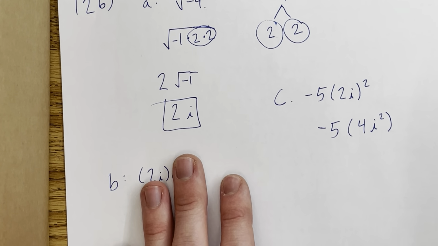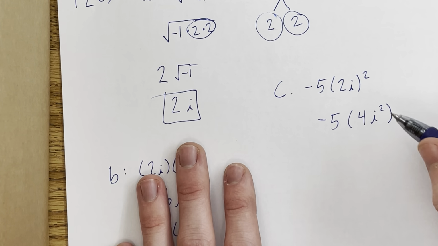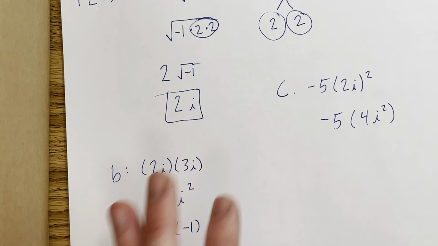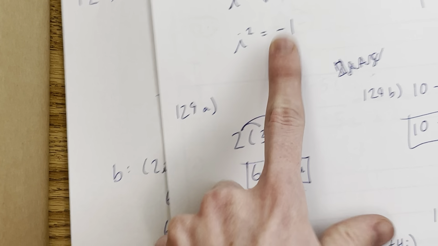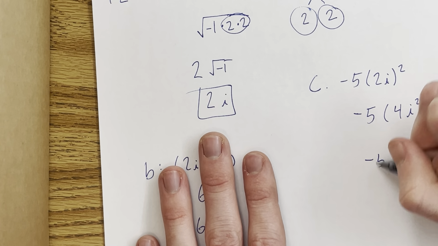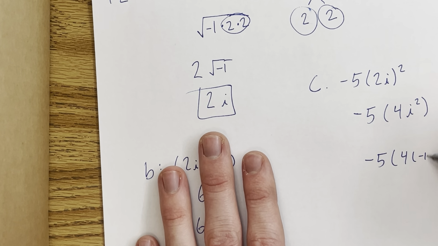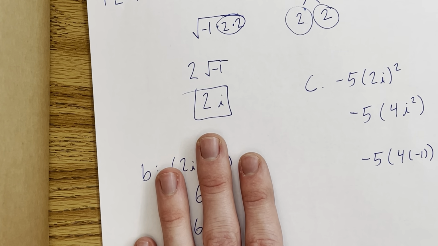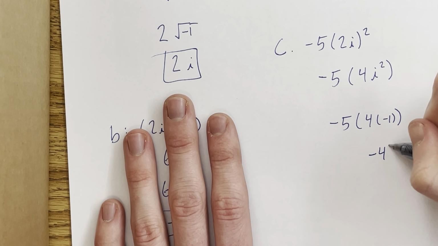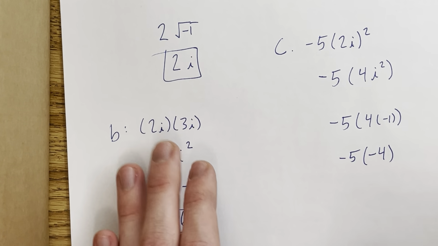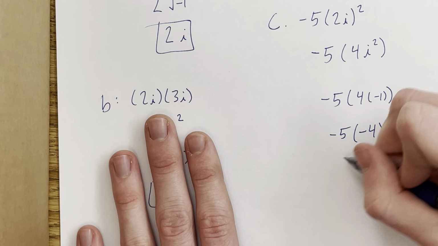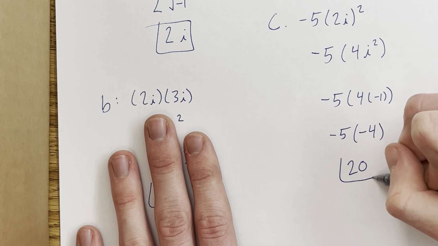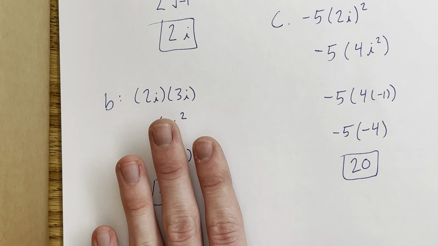Which if we remember, I squared is the same as negative 1. So that'd be negative 5 times 4 times negative 1. Which 4 times negative 1 would be negative 4. Negative 5 times negative 4 is positive 20. That's it for that one.